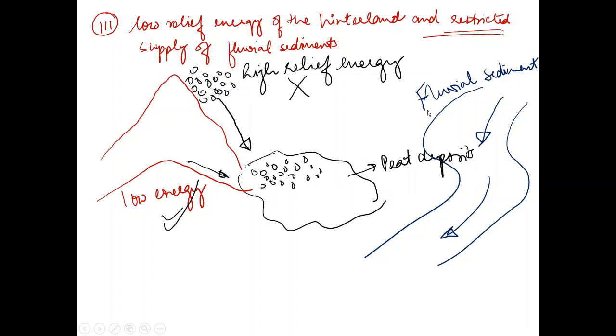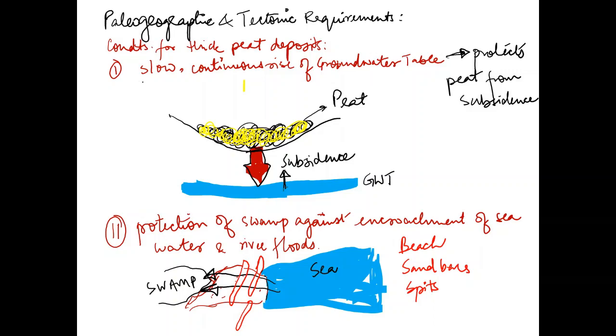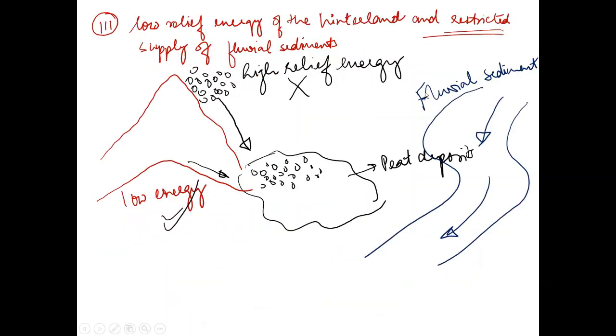Now, the first point which I told, slow and continuous rise of groundwater table. Why should this be slow and continuous? Let us also see. Now, let us say that this is the area where peat is deposited and it is subsiding very fast. Fast subsidence.